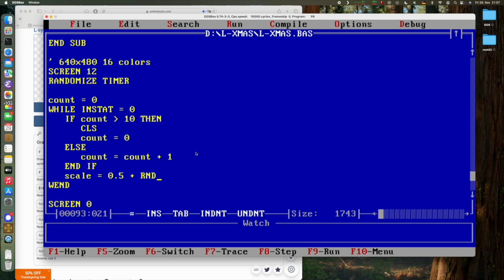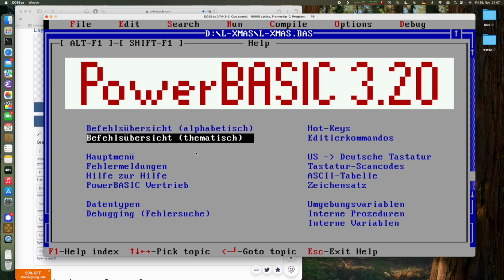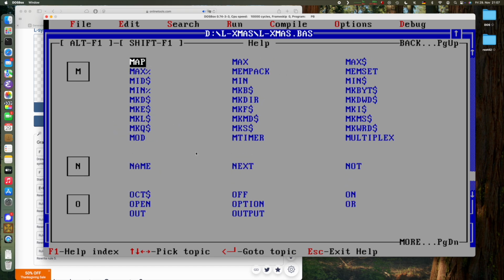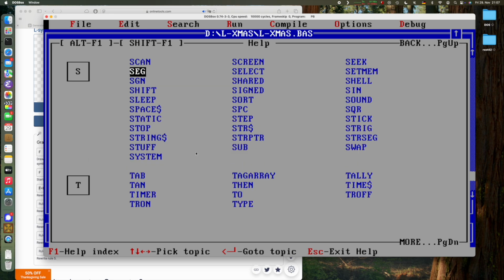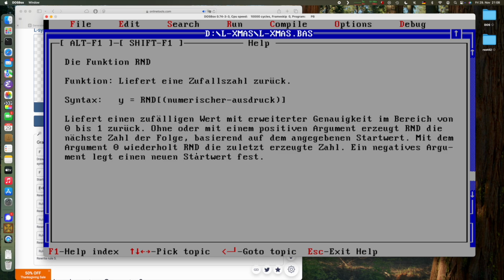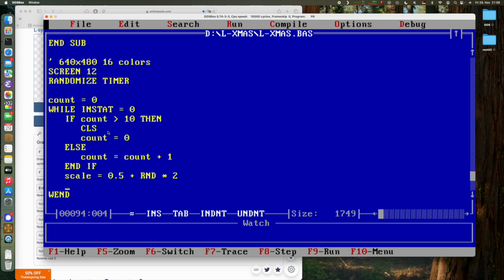You can play around with this, obviously. And yeah, we take RND times 2. I think RND gives us something between 0 and 1, so scale will be 0.5 to 2.5, which, from experiments, looks pretty nice. Where is RND? Here. It is between 0 and 1, yes. All right, that's good.